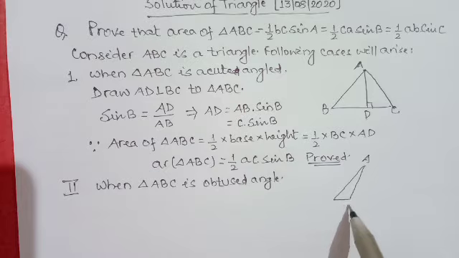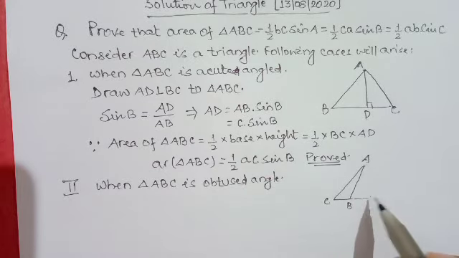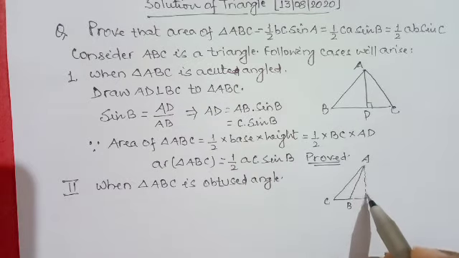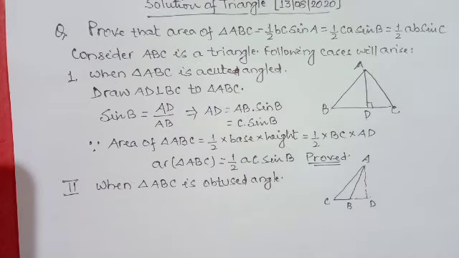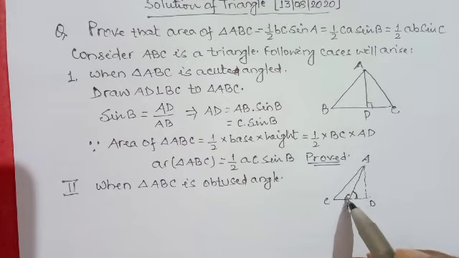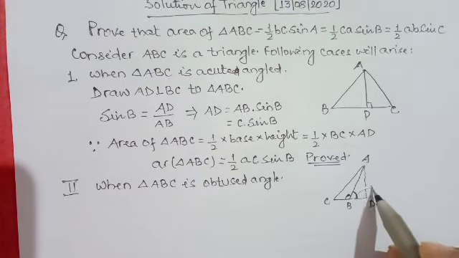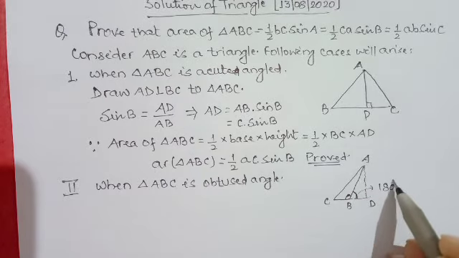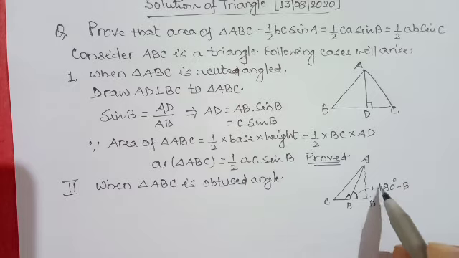Suppose ABC is an obtuse angle triangle. Produce CB, draw the perpendicular AD. Then the measure of this angle will be 180 degrees minus B. This is angle B and this is angle 180 degrees minus B.